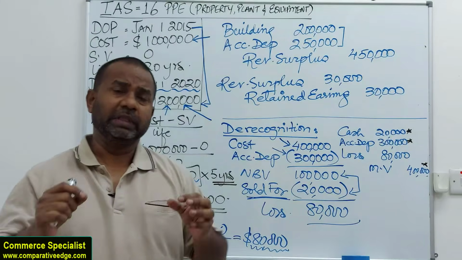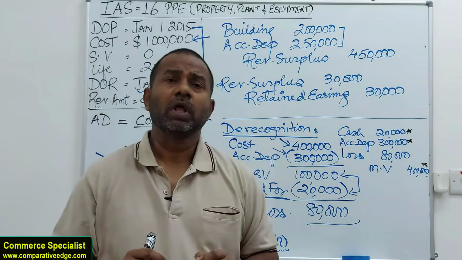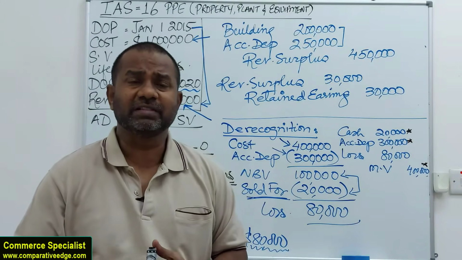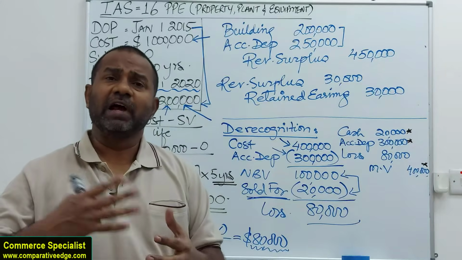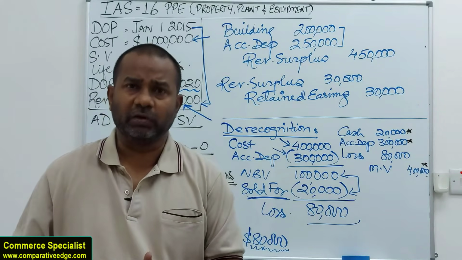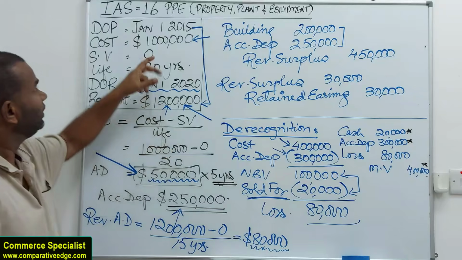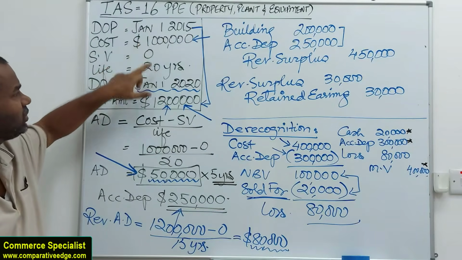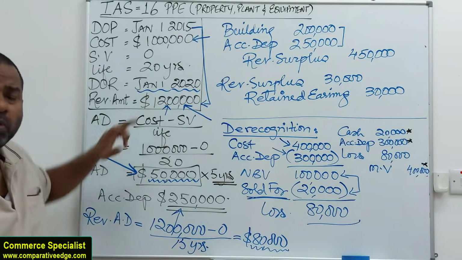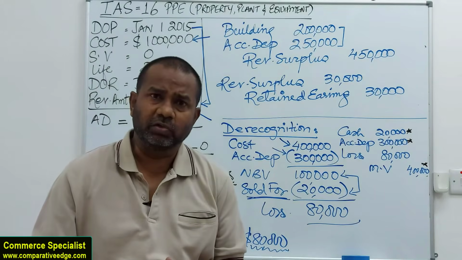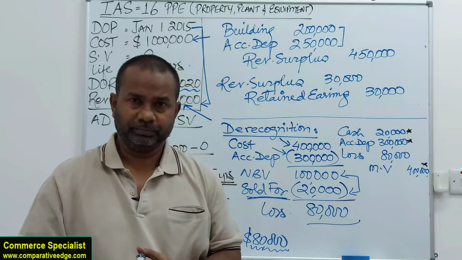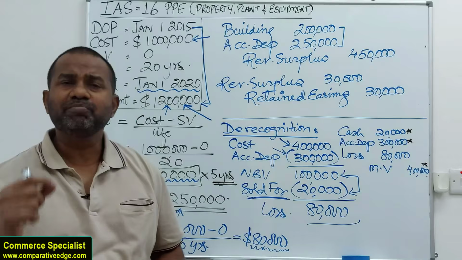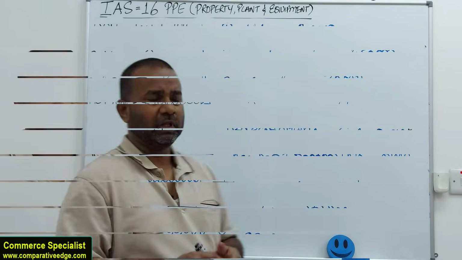Now, the next thing is, what if the asset is revalued, but it's a downward revaluation? Here, if you look, the cost was 1 million, it was revalued at 1.2 million. What if it's a downward revaluation? What do we do? So let's look at a simple example.